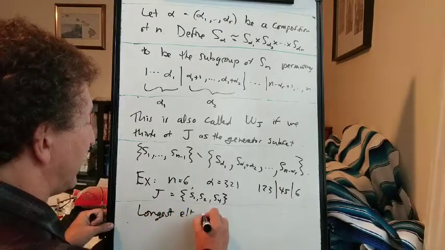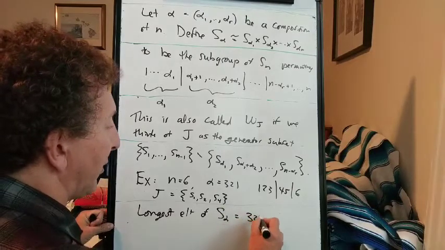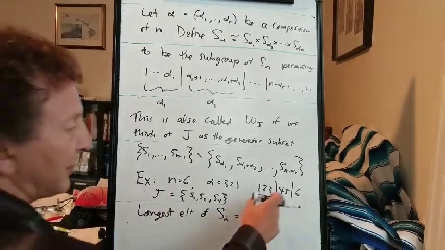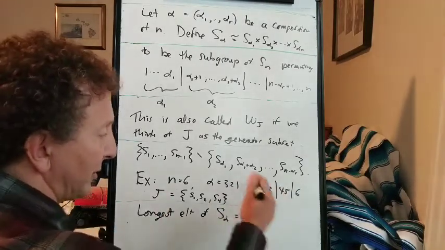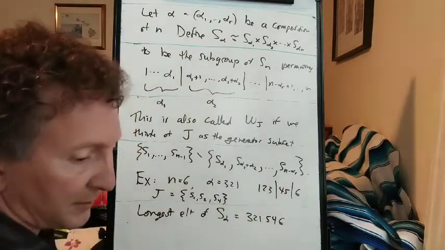And the longest element of S alpha is, well, the most inversions we can put into this without sending letters outside of their block is 3, 2, 1, 5, 4, 6.